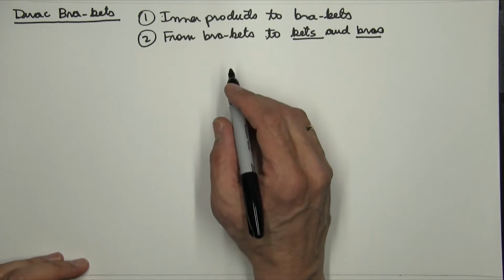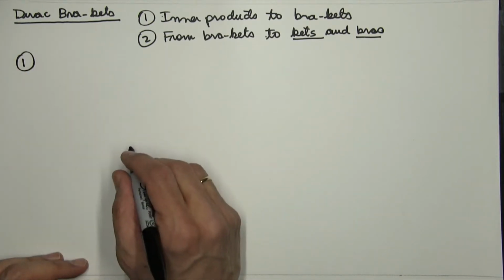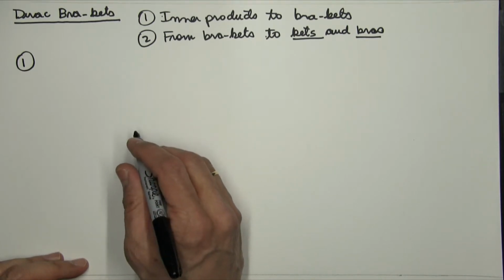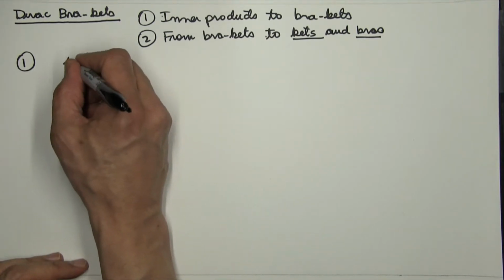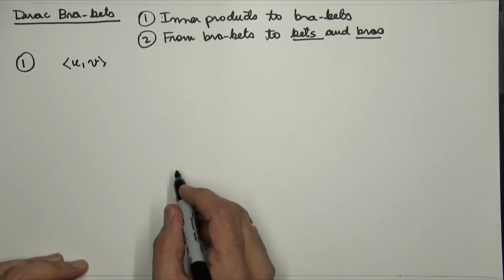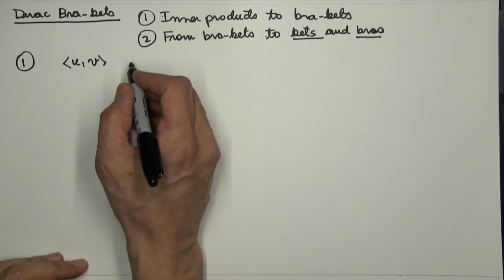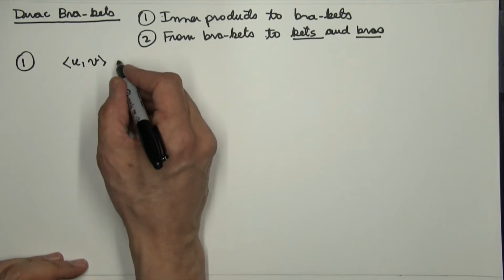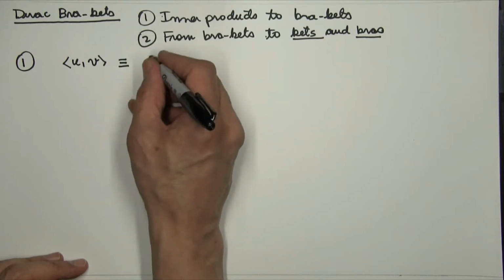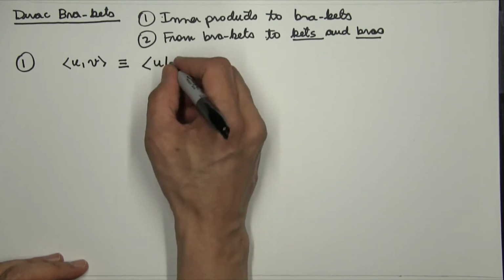So the first step, as we were saying, is not very complicated. In fact, it's almost a triviality. It's just a change of notation. Well, we denoted an inner product, (U, V), in this way, and now we're going to change notation, and we're just going to say this is equal to <U|V>, where instead of the comma we put a vertical bar.